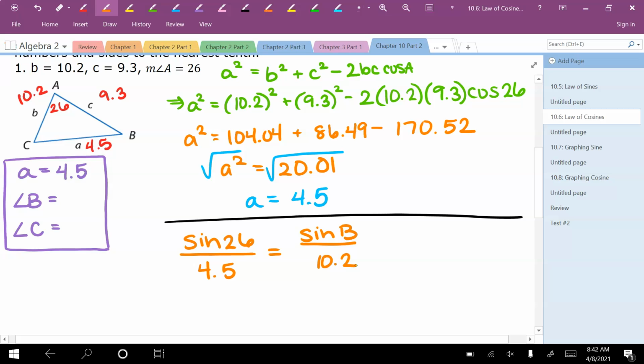So I'm going to cross multiply. So we have 4.5 times the sine of B equals the sine of 26 times 10.2.